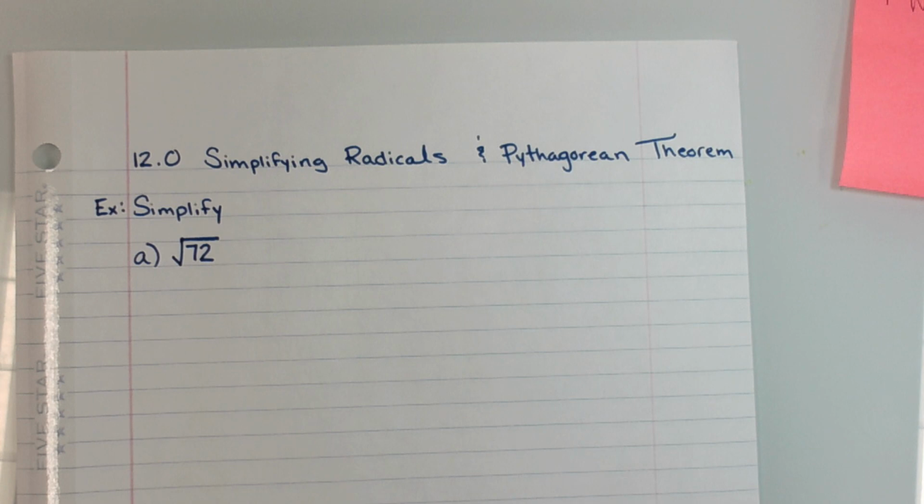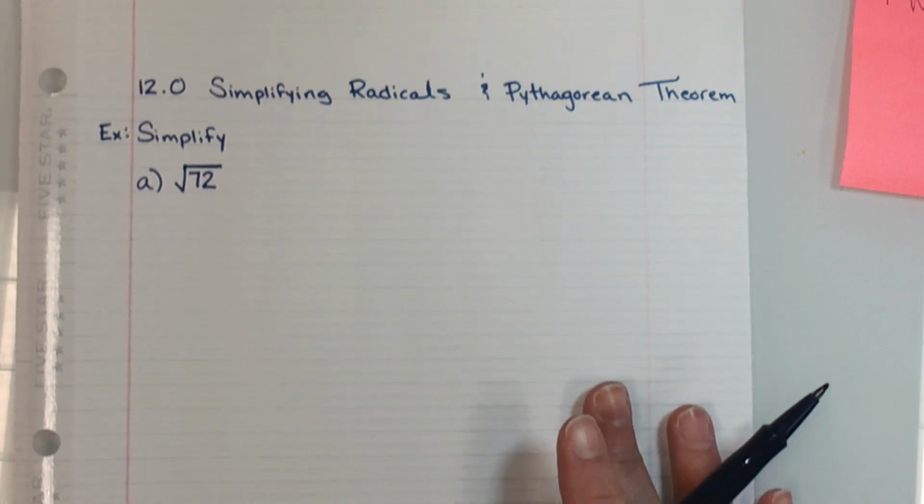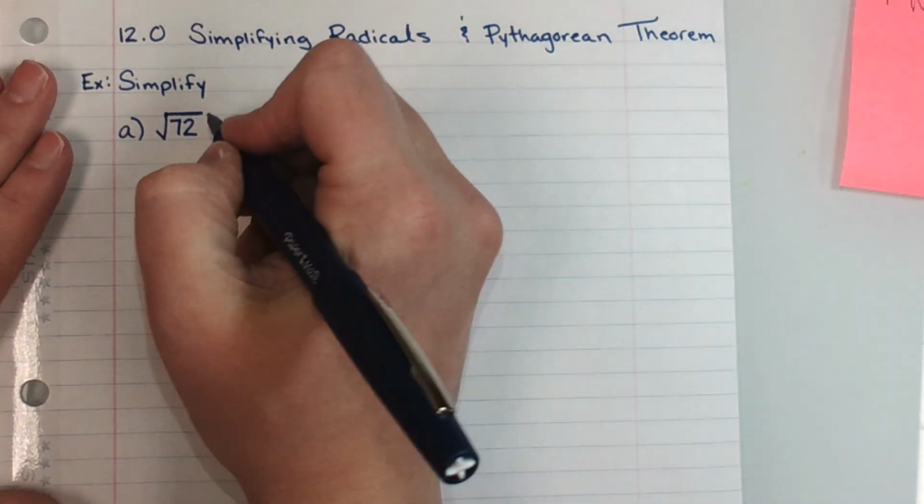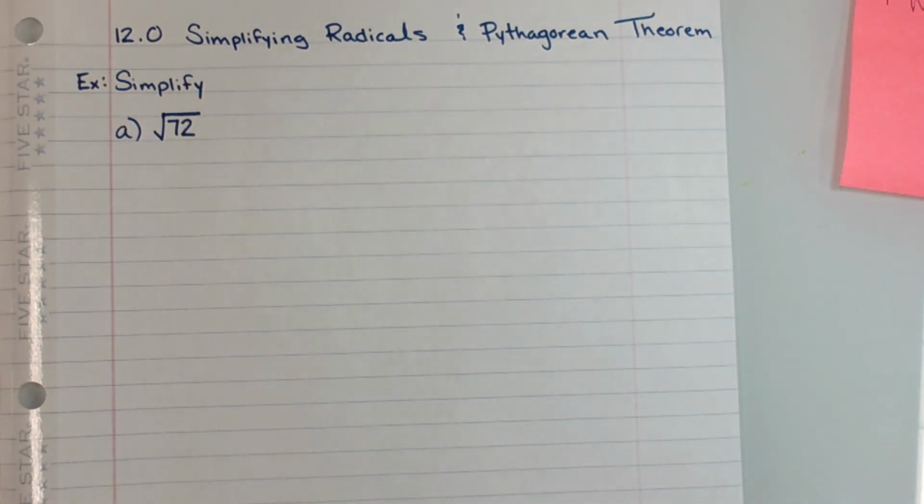Simplify means get it down to its simplest form. And a simplest form is not a decimal. Because if you're going to write out a radical as a decimal, you're going to have to round. I don't want a rounded answer. Simplified is exact.